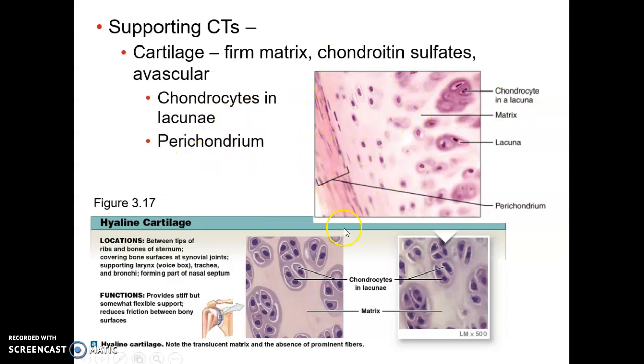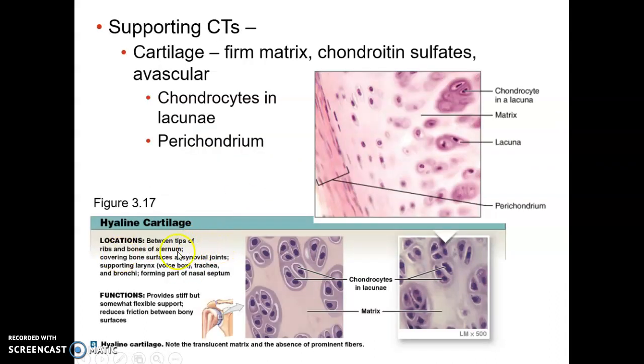There's usually a surrounding connective tissue structure called the perichondrium. Right? Peri meaning around, chondrium, the cartilage. It helps give the cartilage some structural integrity.